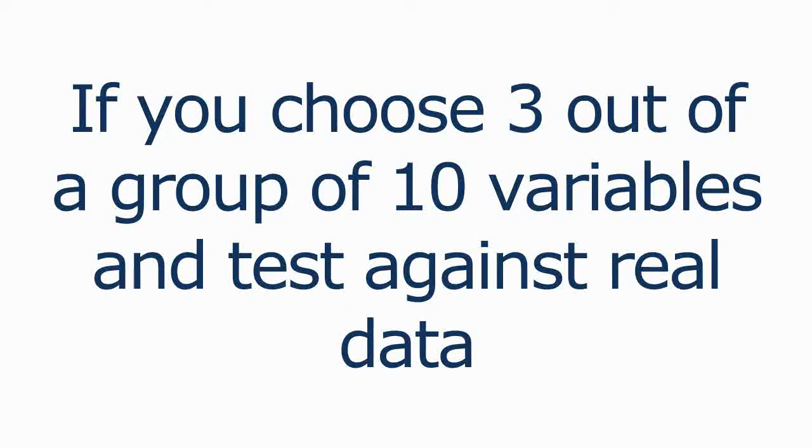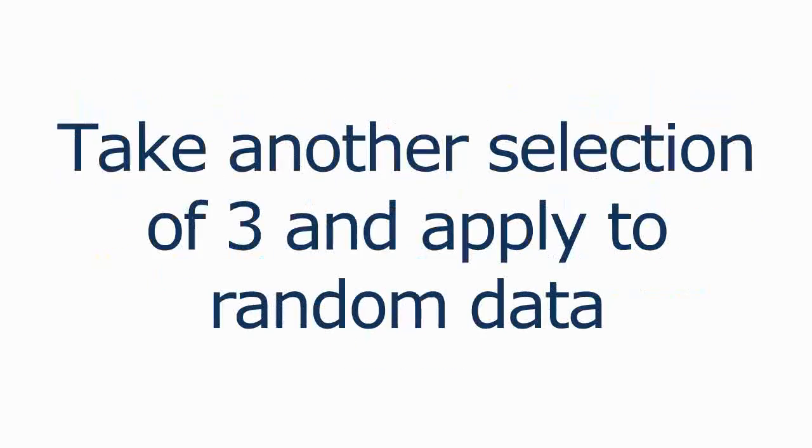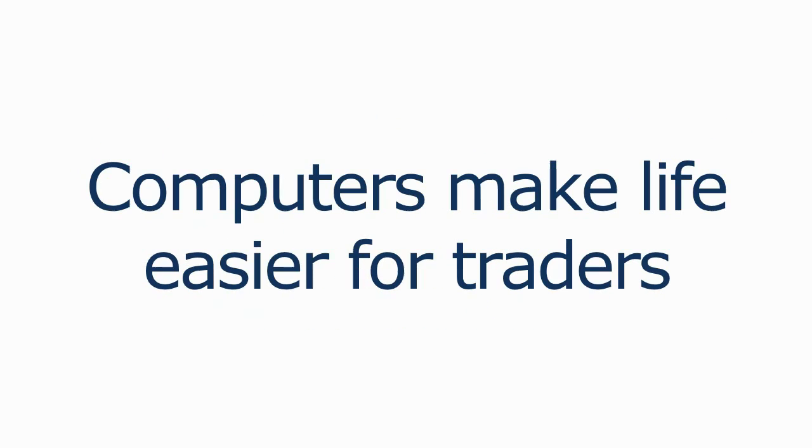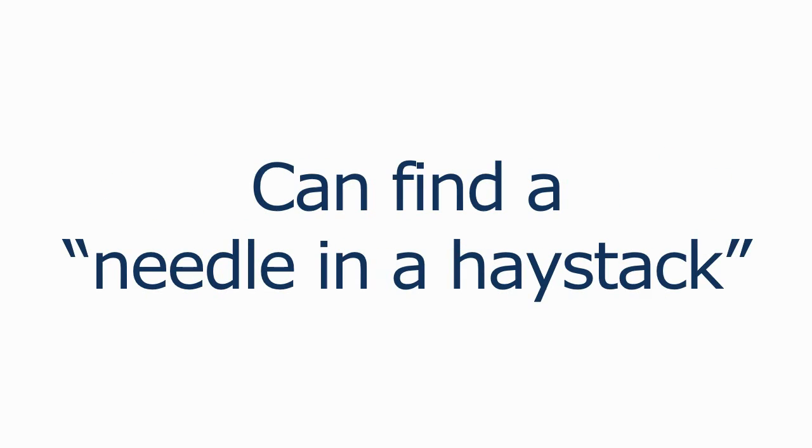So as an example, if our basket that we're drawing from has 10 variables, and we pick 3 randomly, and we test them against real data, and then we take another selection of 3, and we apply that to random data. Now, with the power of computers, it's a whole lot less burdensome to be able to test literally millions of combinations of strategies and variables to actually find a strategy that has promise.